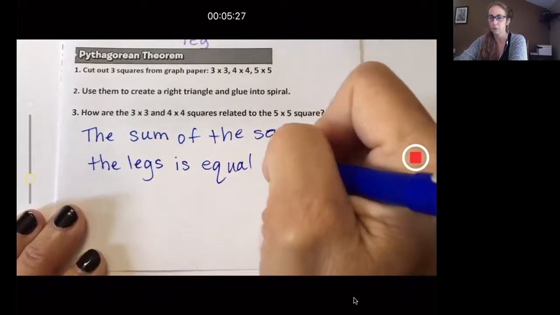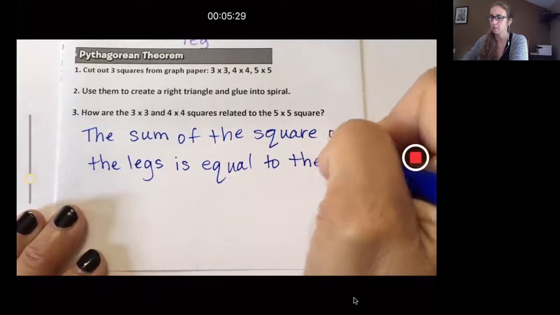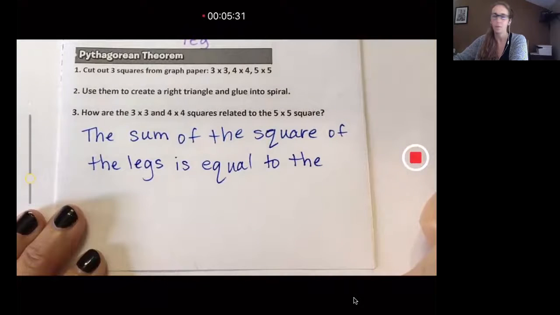What did we say it was equal to? Remember? The square of the hypotenuse.